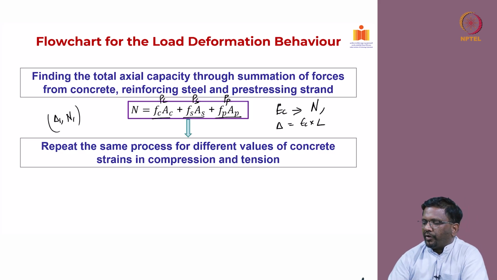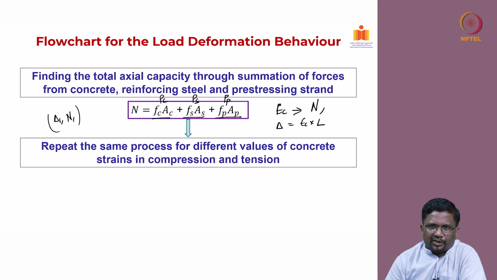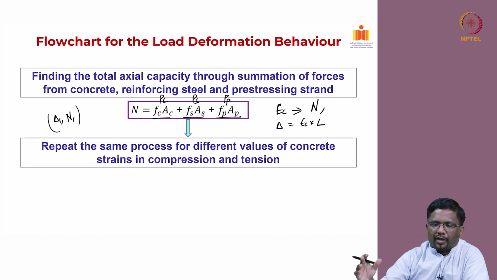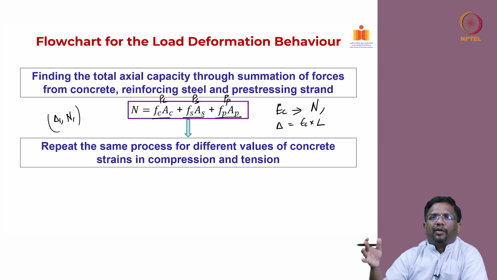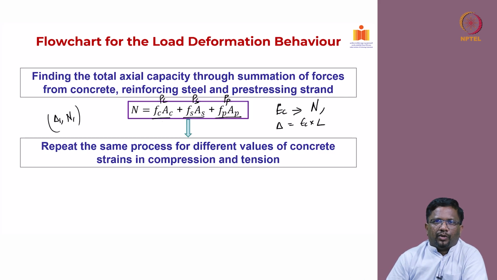Then I have to repeat the same process by increasing the value of strain in the concrete, and again using compatibility find the strain in the prestressing steel and non-prestressed steel and find the stresses and use the equilibrium equation to get your total load resistance, right. So, this is the process we are going to follow.